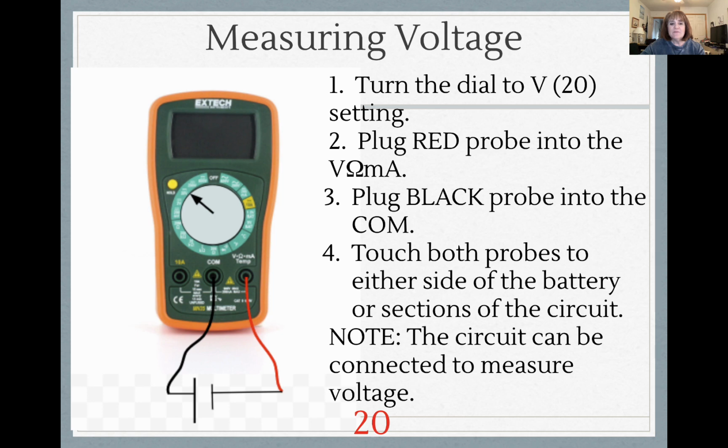Black is negative, red is positive when you attach it to the circuit. But on the multimeter itself, the dial gets turned to 20V. The red probe goes into the V ohm milliamp. The black goes into the COM. And then you will touch the probe ends to either side of the battery or sections of the circuit.